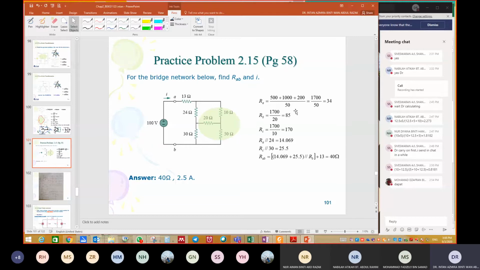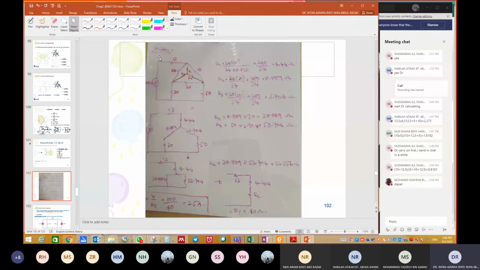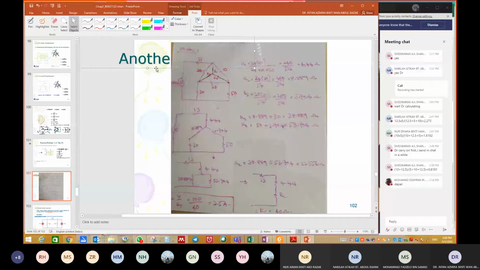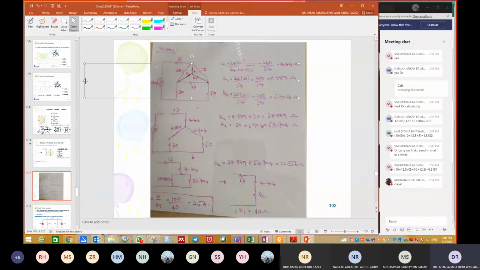So this calculation converts this star to delta. This is another solution.